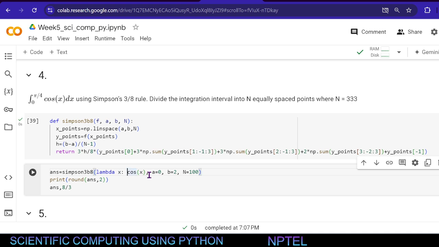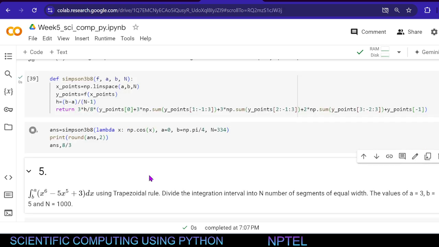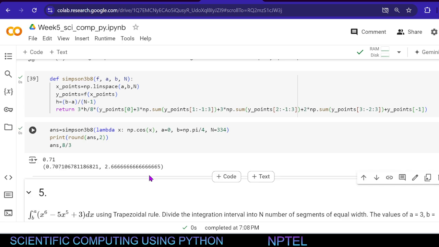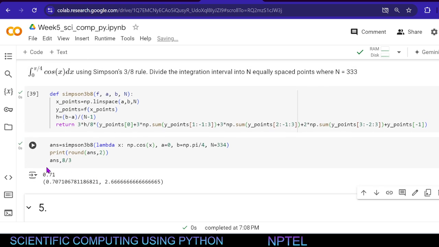So we have to write np dot cosine of x from 0 to pi by 4. So np dot pi by 4 using 333 points. So it should be 334 as I discussed. Okay. So it gives the answer 0.71, which is there as one of the options.